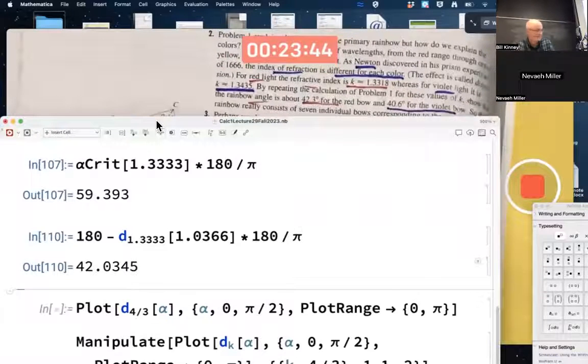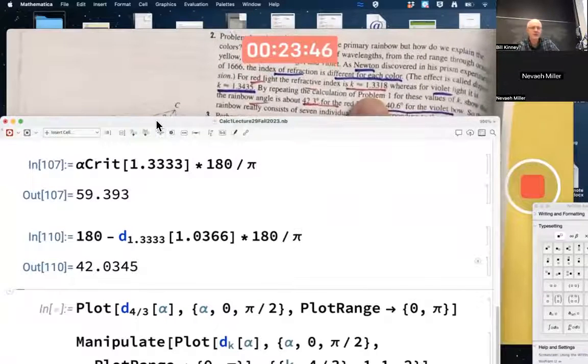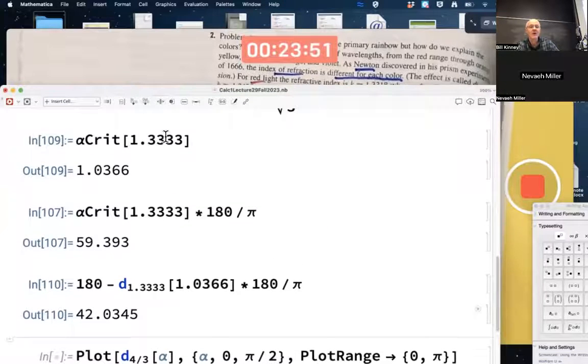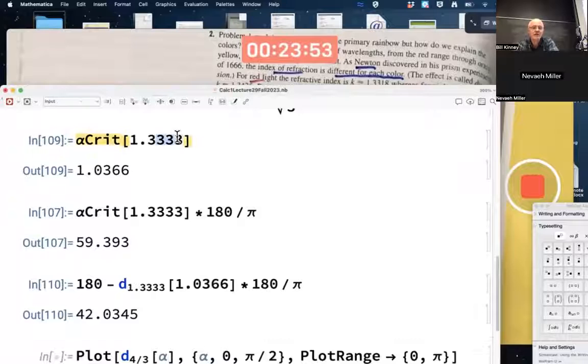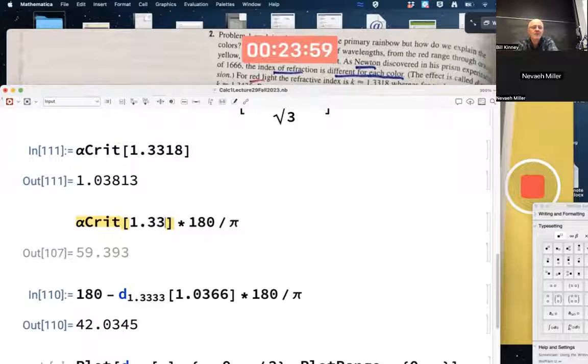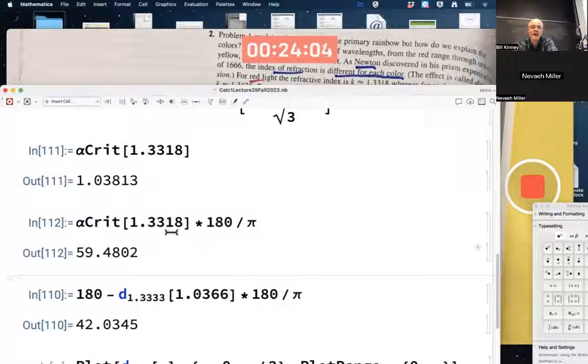So we'll start with red light. K is 1.3318. So I guess I should do this, 1.3318 right there. So it's a slightly bigger angle there, right?